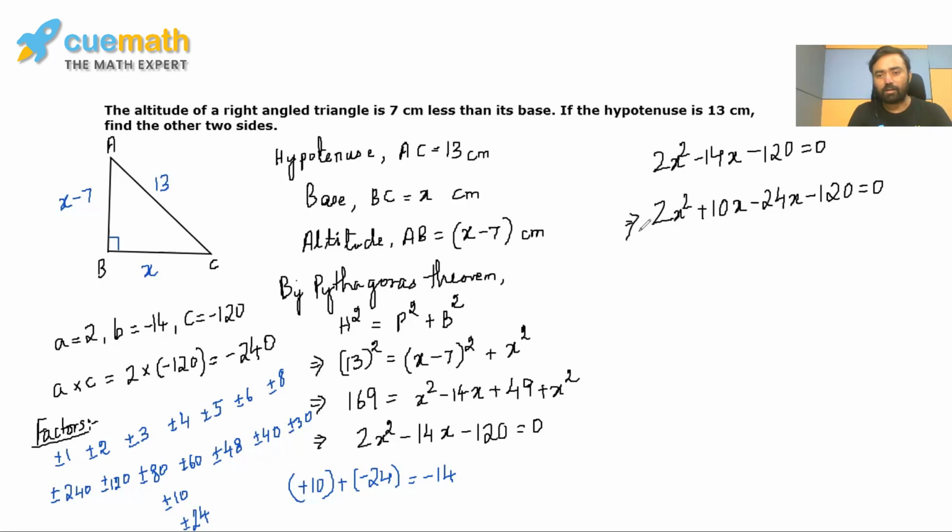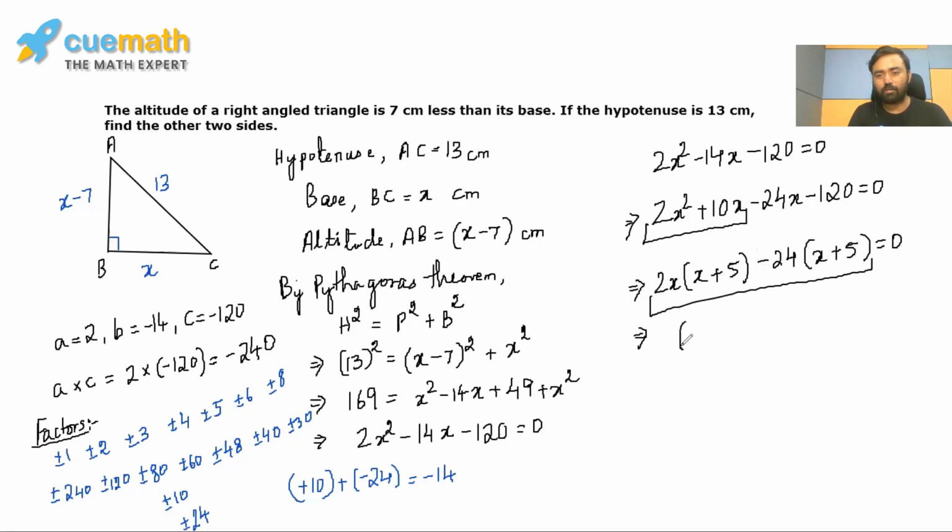Let me take the common factor between the terms. 2x gives us (x plus 5) minus 24 times (x plus 5) is equal to 0. Now we'll take the common factor between these two terms, so (x plus 5) times (2x minus 24) is equal to 0.